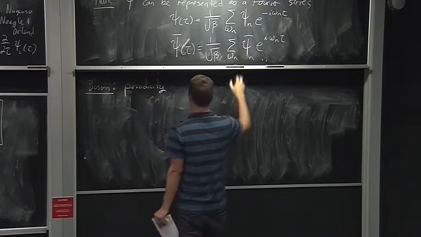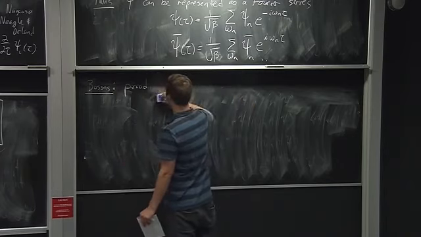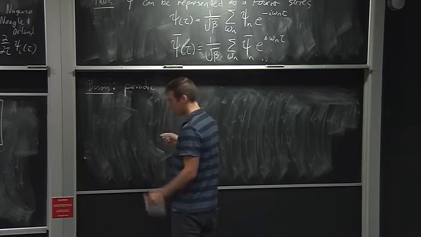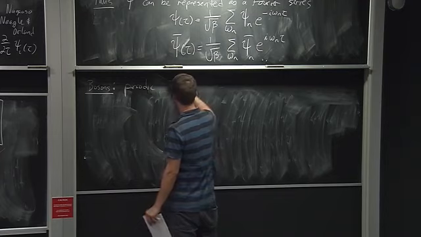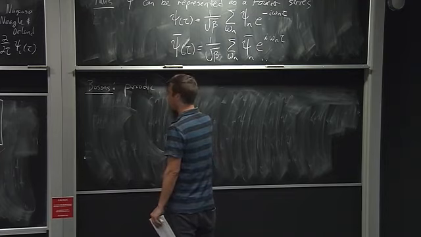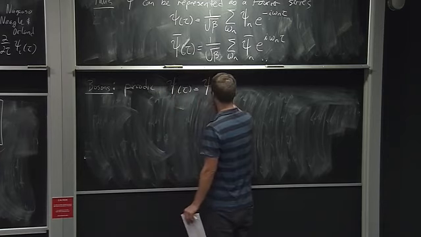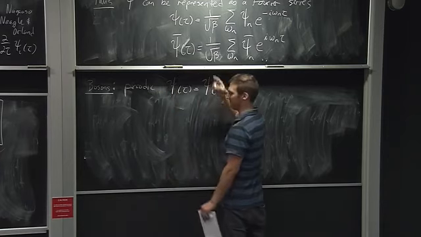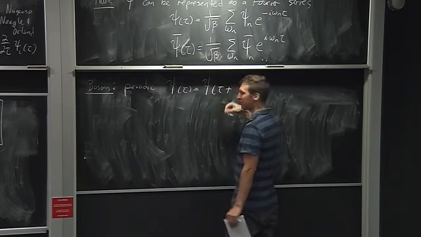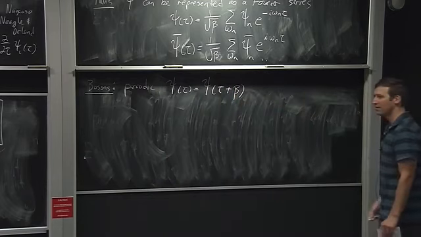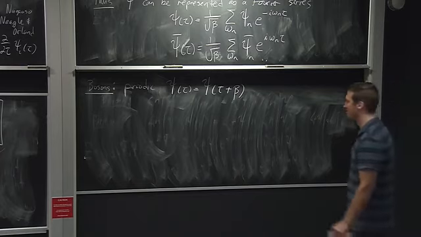The periodicity condition is periodic, so that means that your field at some time tau is the field at tau plus the length in imaginary time, so tau plus beta. Yes, I'm going to go with that.